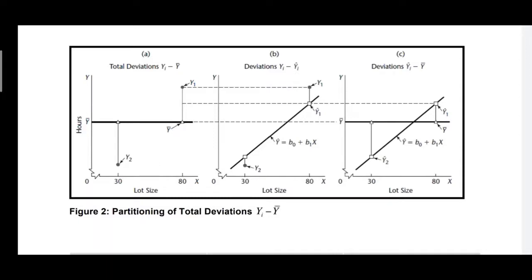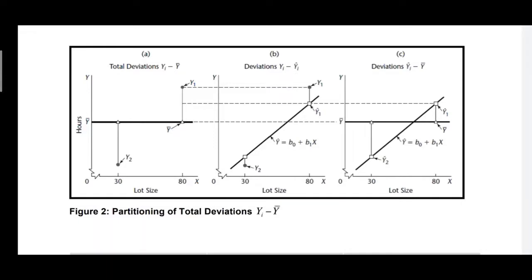Figure B pula adalah illustration untuk kita dapatkan SSE, which is the deviation of Yi minus Y hat, kan? SSE adalah error. Sum of squares of error that we know tadi, untuk dapatkan SSE adalah summation of ei squared.